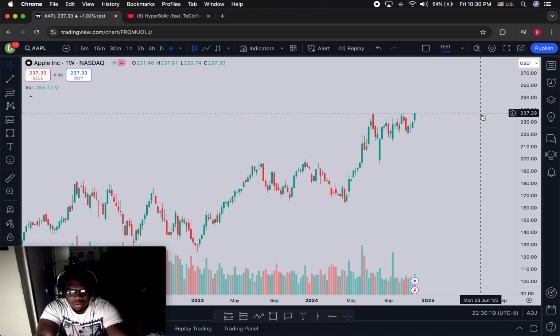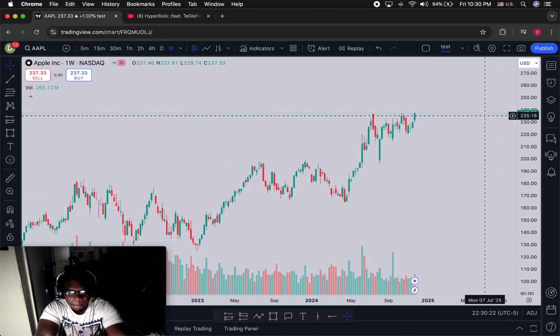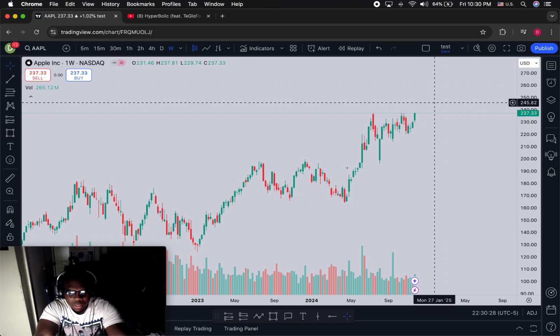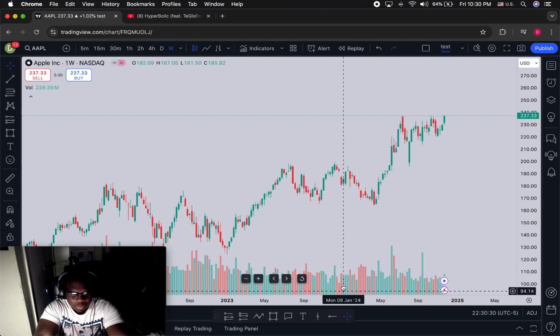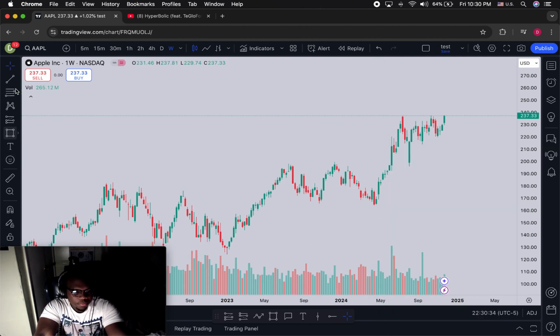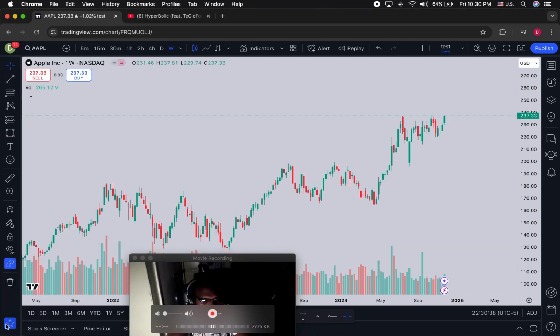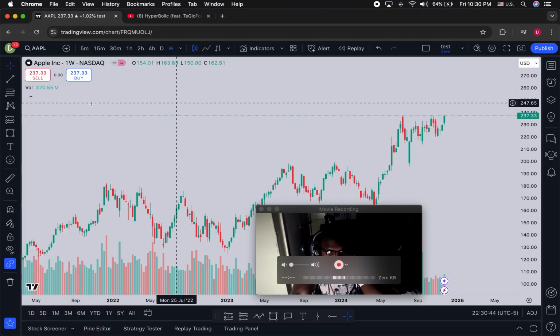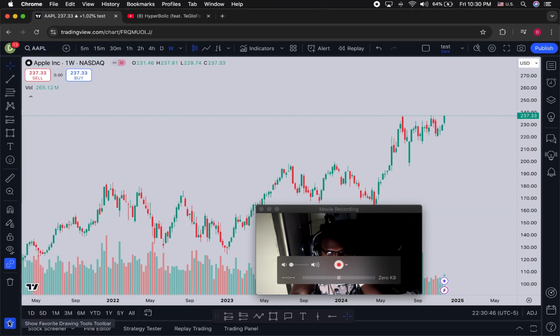Okay, what else is important? You could save your chart here. You could title it something. But alright, cool. Left side is the toolbar. We're gonna be clicking from here. This is the favorite, so you could star your favorite tools that you usually will use.